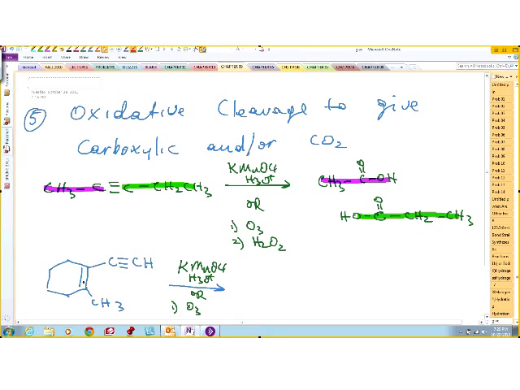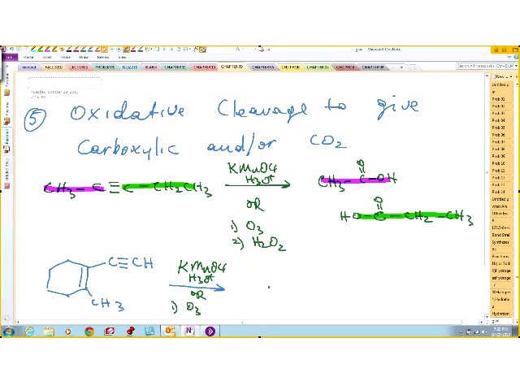Let me give you some hint here. Don't forget that this here will cleave a carbon-carbon double bond, right? To form a ketone here. It will also cleave this to form carbon dioxide here and carboxylic acid.